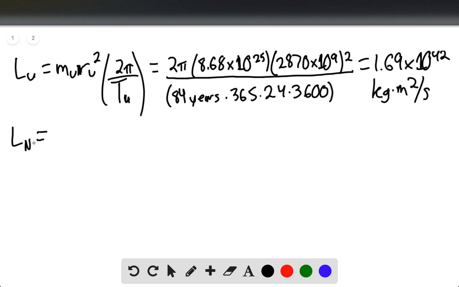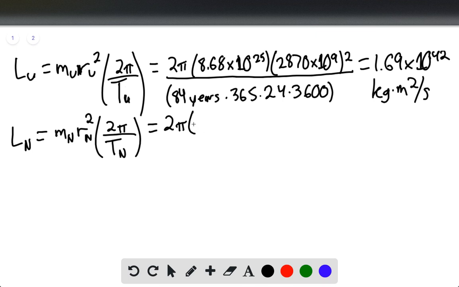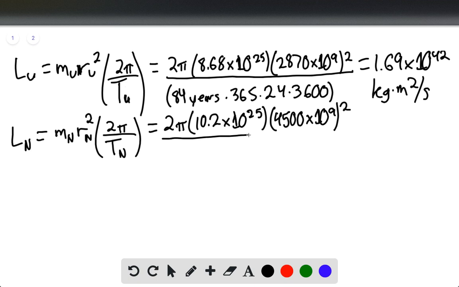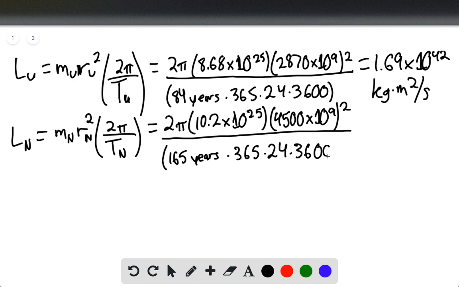And then finally, angular momentum of Neptune, mass of Neptune, distance from Neptune to the Sun, squared times 2 pi over the period of Neptune. 2 pi, this will be 10.2 times 10 to the 25th, 4,500 times 10 to the 9th squared, divided by, here it's going to be 165 years, times 365 times 24 times 3,600.